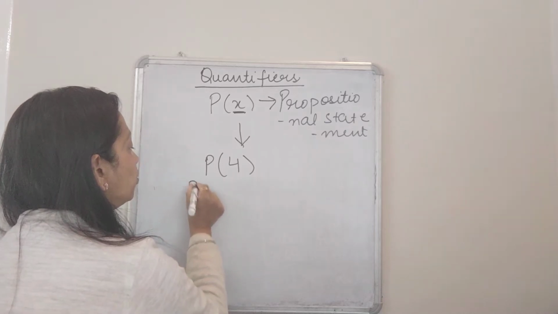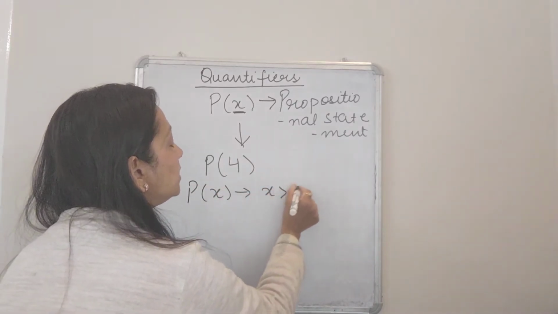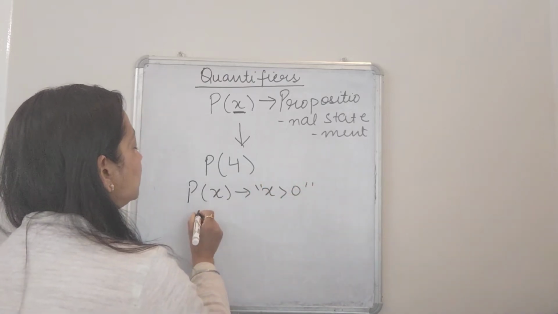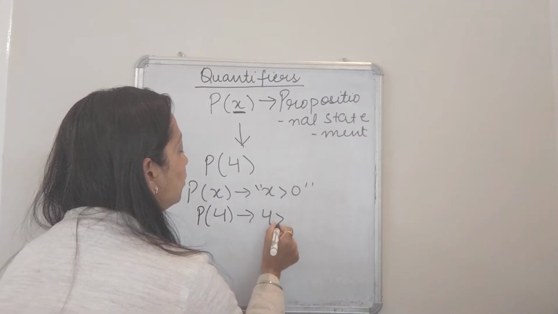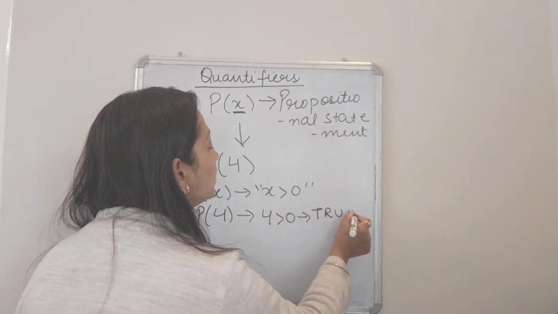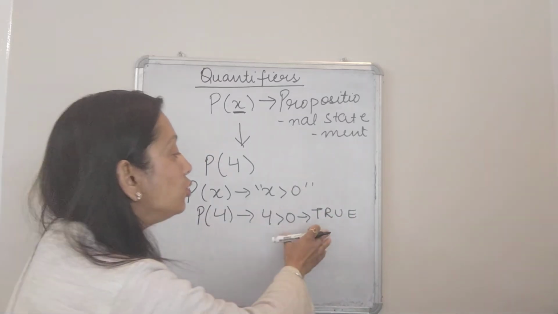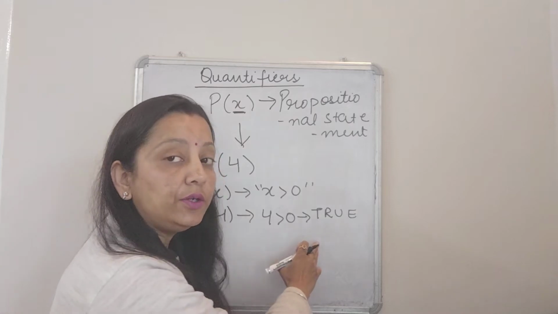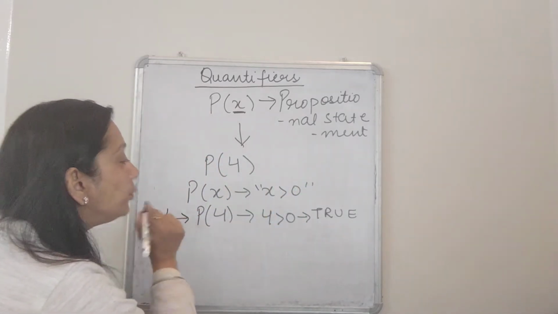If I assume that P(x) represents that x is greater than 0, then P(4) represents that 4 is greater than 0, which is true. So this propositional statement now has a truth value. It is completely true.